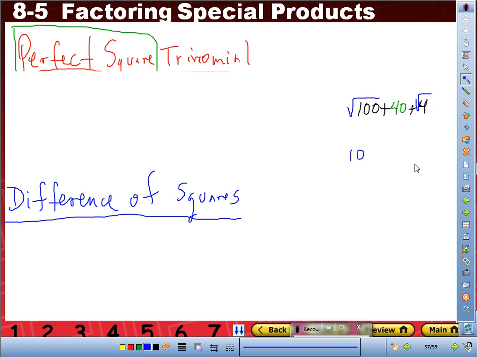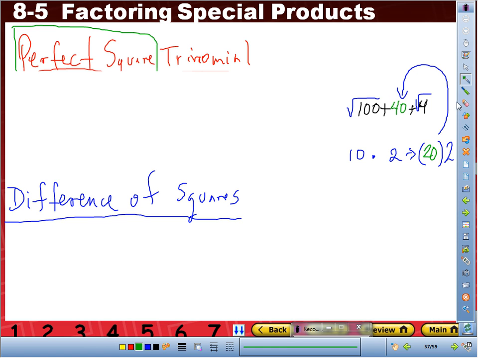Square root of the second term is 2. If I multiply those, whatever that is, times 2, that should give me the middle term. Let's see. What is 2 times 10? 20. What is 20 times 2? If it does give me the middle term, then this is a perfect square trinomial.